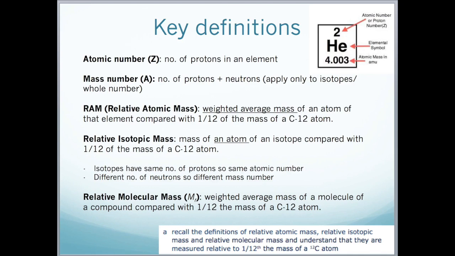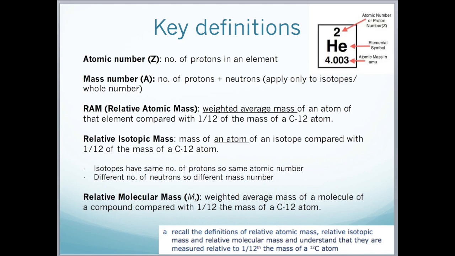Relative atomic mass is the weighted average mass of an atom of that element compared with 1/12 of the mass of a carbon-12 atom. The key thing to remember is the weighted average as compared to 1/12 of a carbon-12 atom.